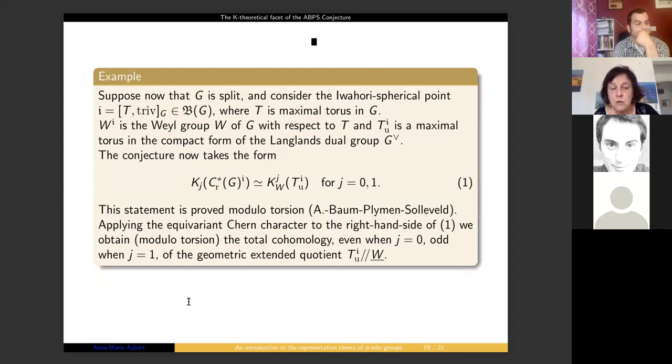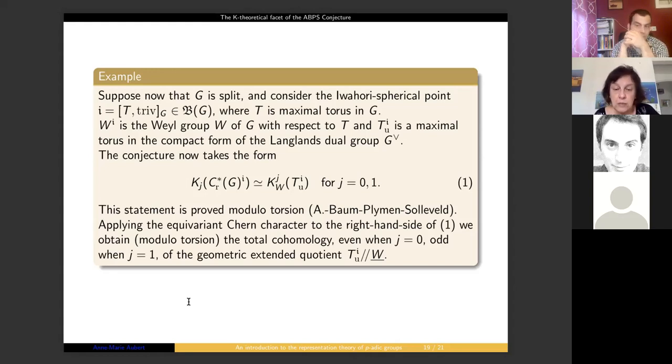So in that case, because the representation is trivial, the group W_S is just the normalizer in G of T mod T, which means that it is just the Weyl group of G with respect to T, but I will denote it simply by W.